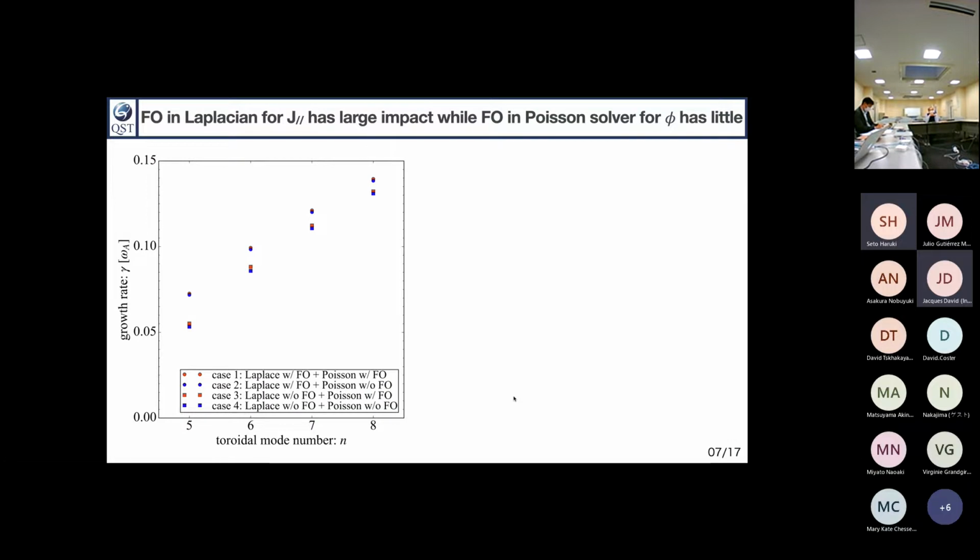Now this figure summarizes the benchmark result with the 4 cases in the low n regime from n equal 5 to 8. From the difference between circle symbols and square symbols, it is found that the flux ordering assumption in the Laplacian for parallel current has a large impact in the low n regime. Here there is about 40% relative difference.